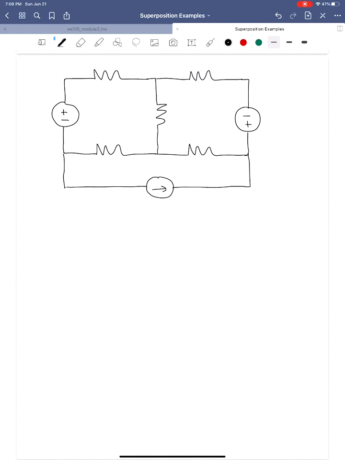All right, so we have 45 volts and 10 volts and 8 amps. And we have 5 ohms, 10 ohms, 40 ohms, 15 ohms, and 30 ohms.